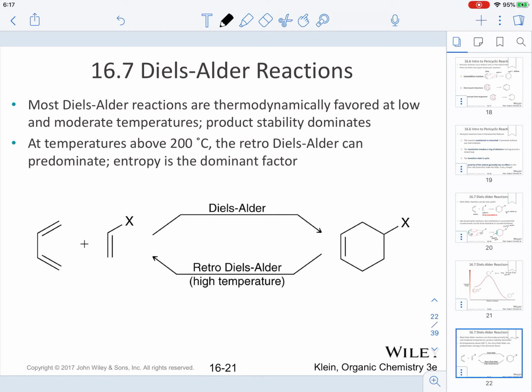And the product stability actually dominates. If the temperatures are raised above 200 degrees Celsius, then the retro-Diels-Alder can predominate, and it's because of entropy factors. But again, in this chapter, we're just going to be focusing specifically on the Diels-Alder reaction, not the retro-Diels-Alder.